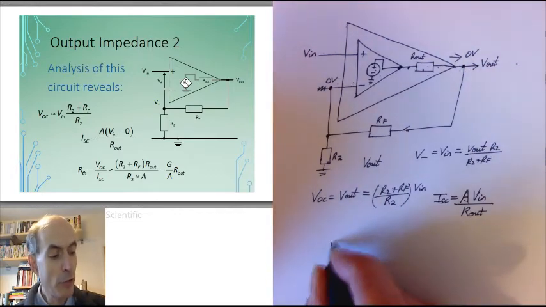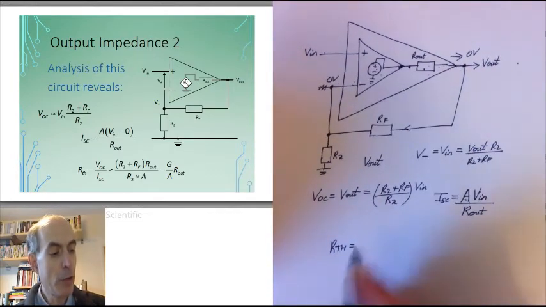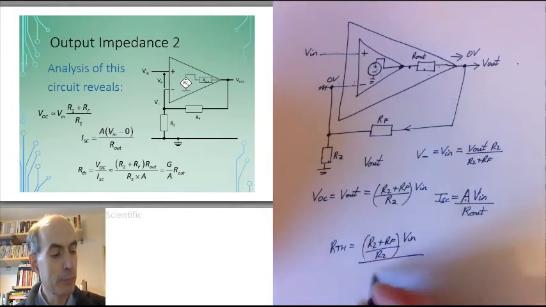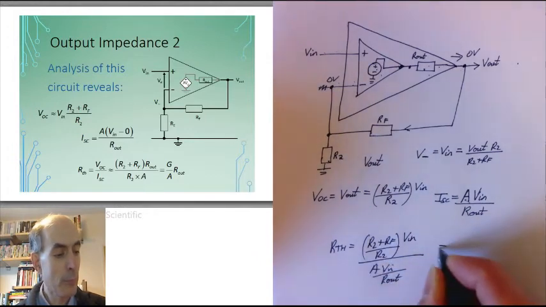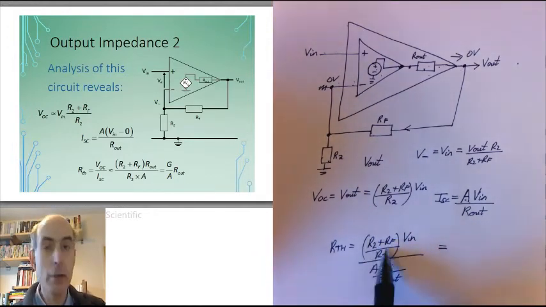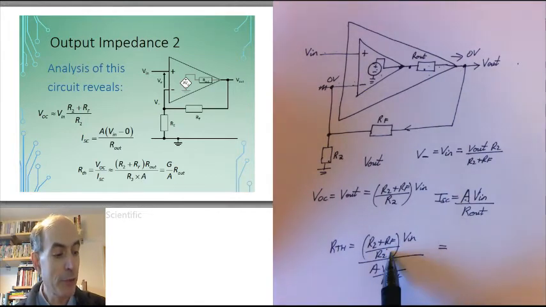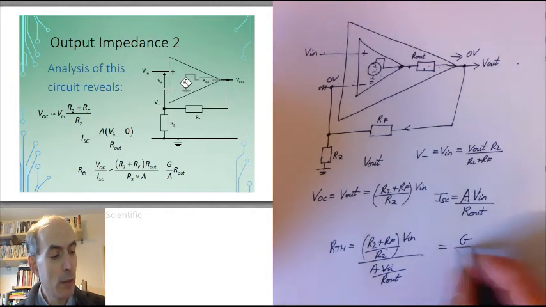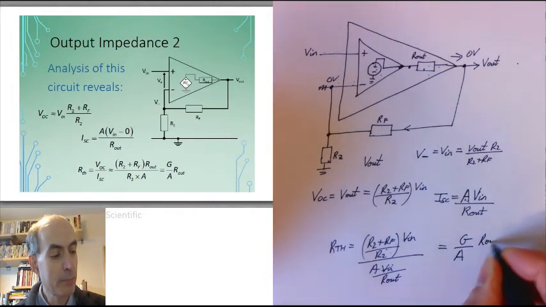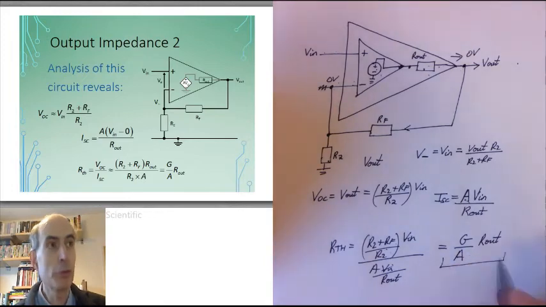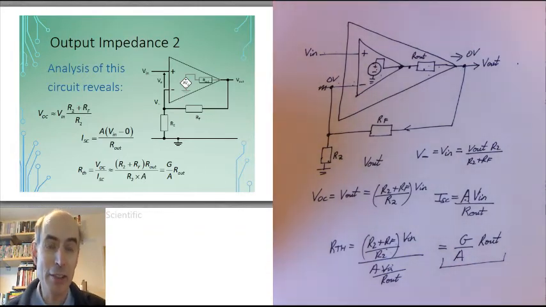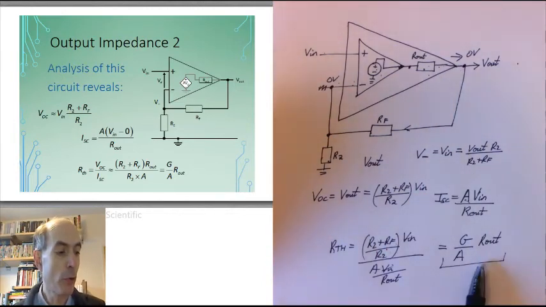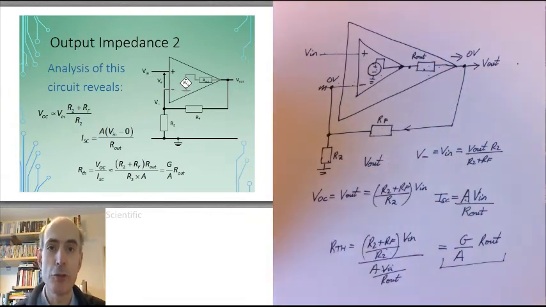My Thevenin resistance is then just the ratio of the open circuit voltage to the short circuit current. And noting that (R2 plus RF) over R2 is the gain of my circuit, and the fact that the Vins cancel, this just gives me G over A times R out. And that is an approximate expression for the effective output impedance of this amplifier. Much, much smaller than the actual output resistance of the op-amp.